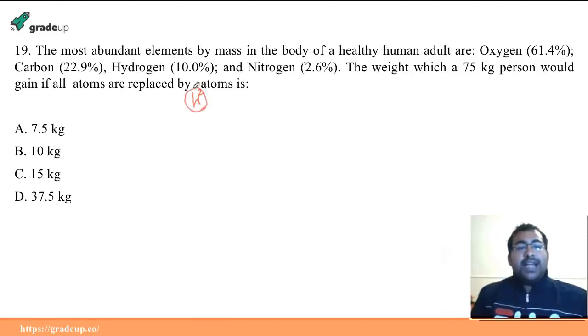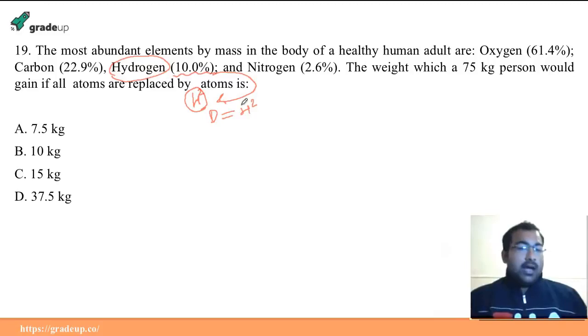So the hydrogen, which is present at 10%, is being replaced by deuterium, whose weight is just double that of hydrogen. It has been asked how much weight the person would gain.